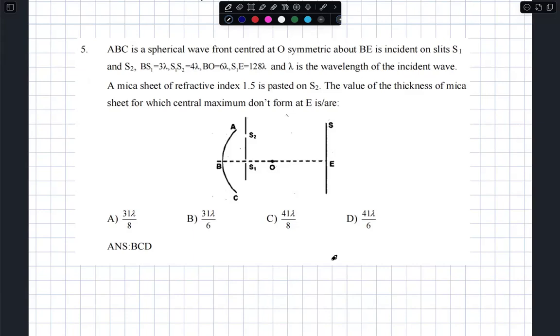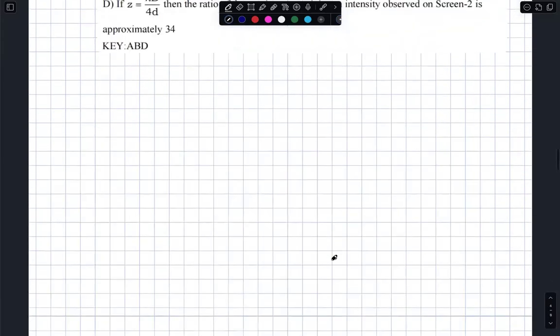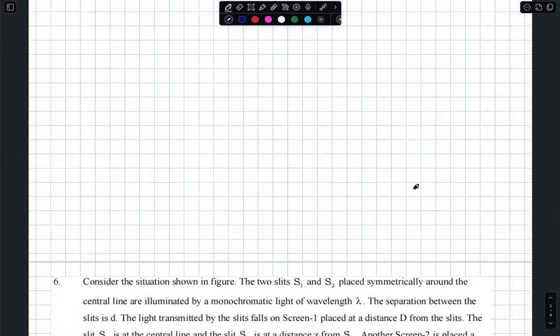Fifth question. You see, ABC is a spherical wavefront whose center is at A. How do such situations happen? That I'll try to explain. So far, the situations that you are facing are: you have S1, you have S2, and that's the plane wavefront.